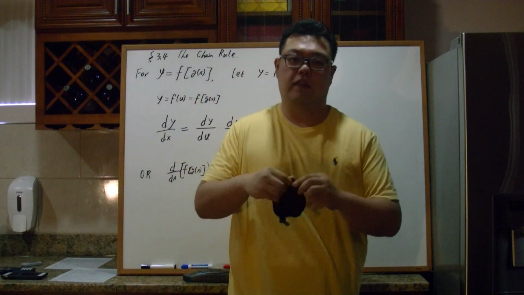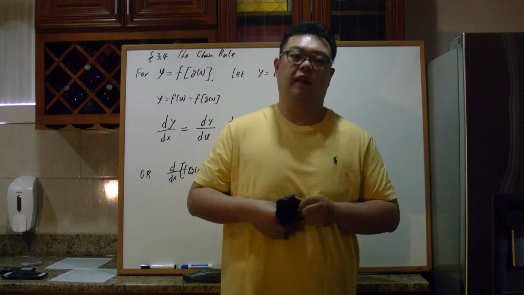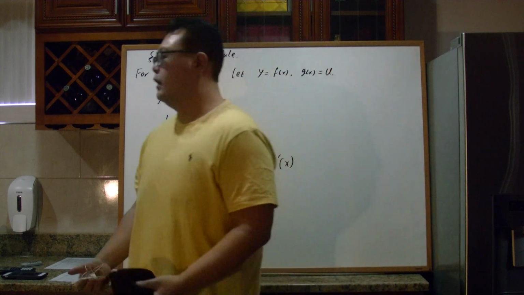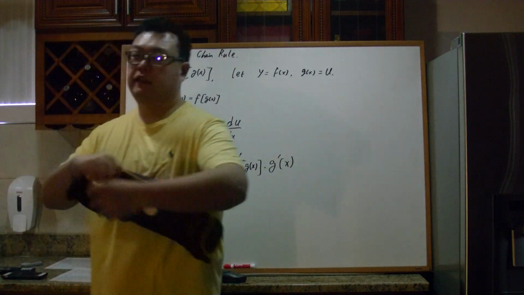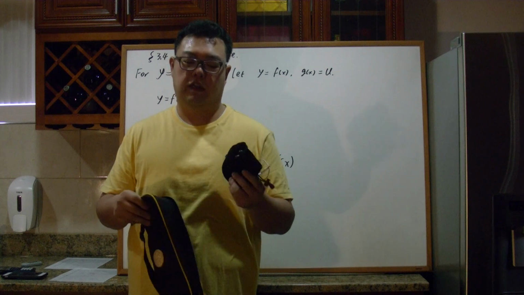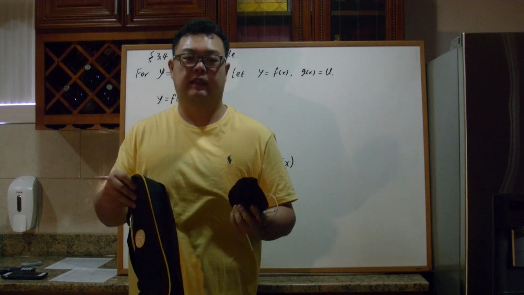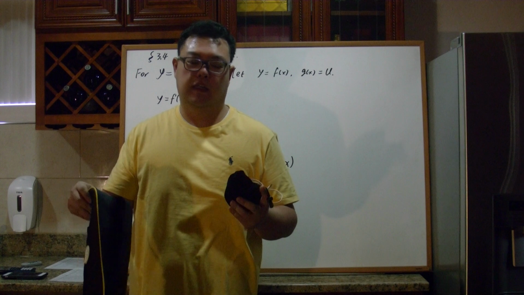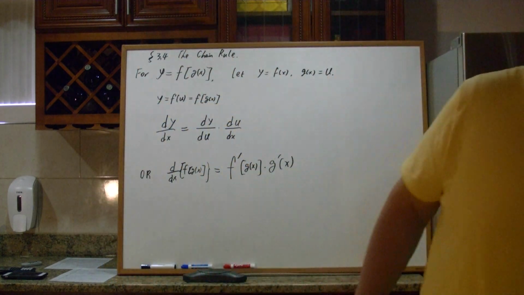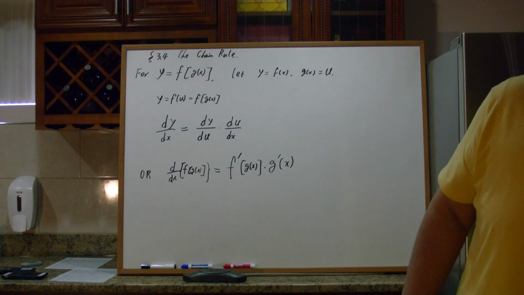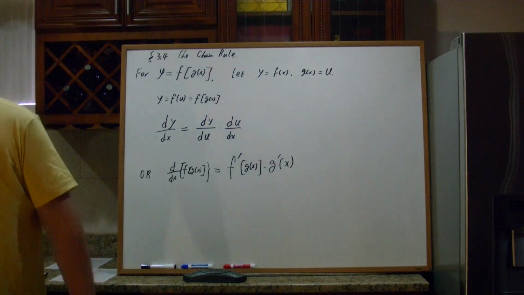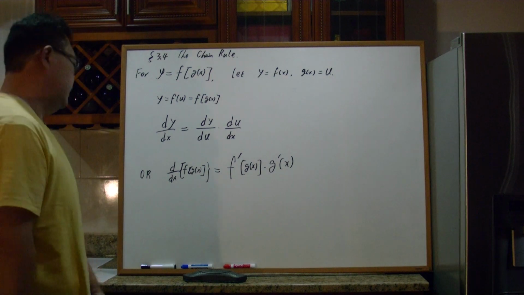Then I need to open the small bag to reach the charger I want. So these things are composite together, and to reach the charger I need to go step by step, taking one out and then the other. It's not a very appropriate example, but it explains this a little bit: step by step.